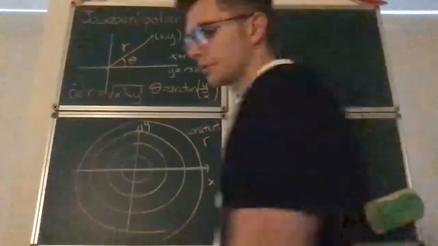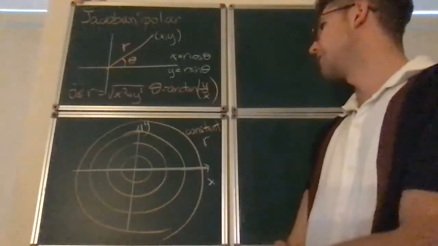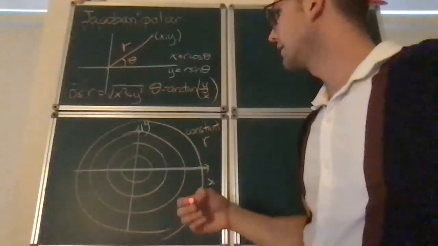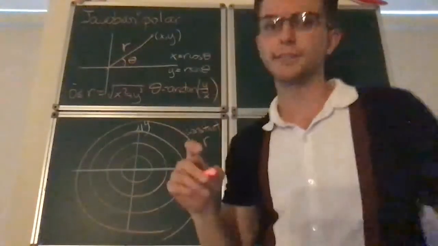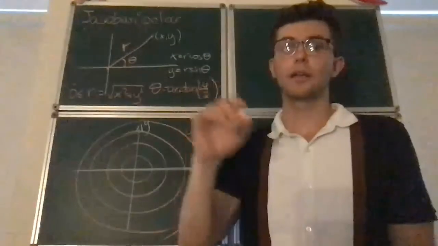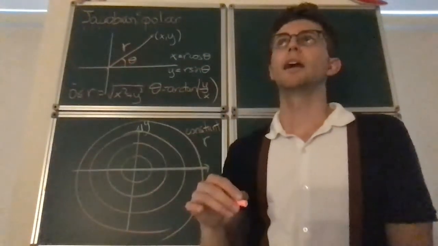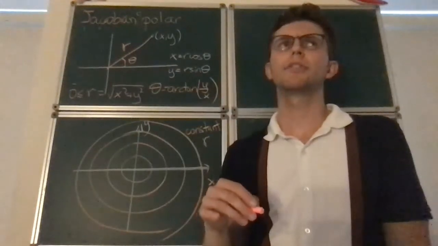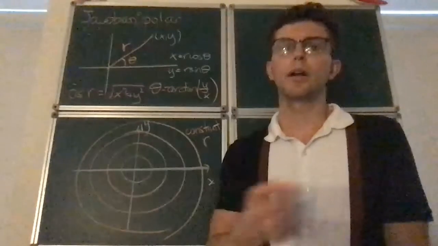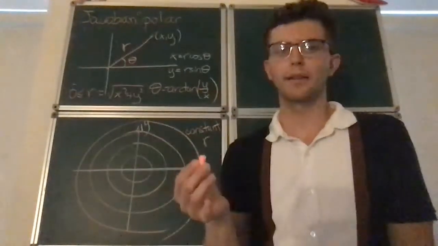And then you can also ask, well, what are the curves with constant theta? It would be a curve where the angle of the points with respect to the x-axis hasn't changed. And if you think about that, that just means that you are on a ray, more precisely, a ray emanating from the origin.